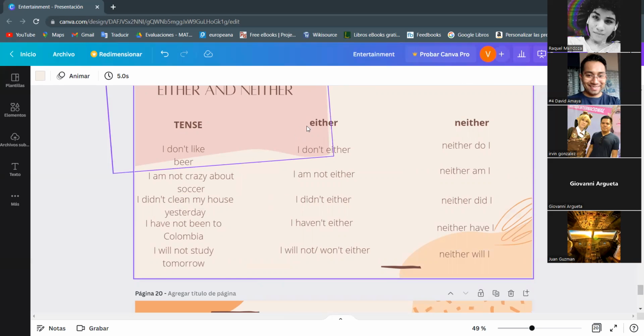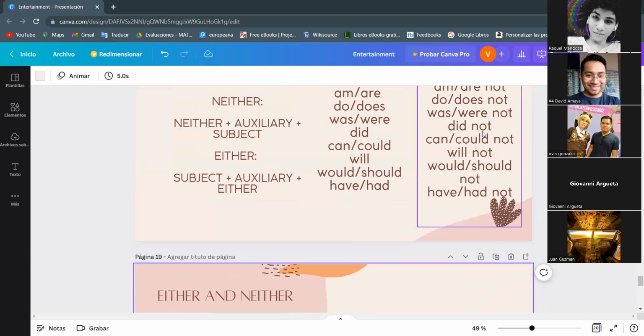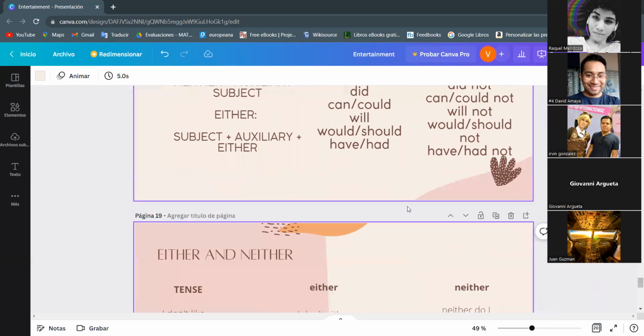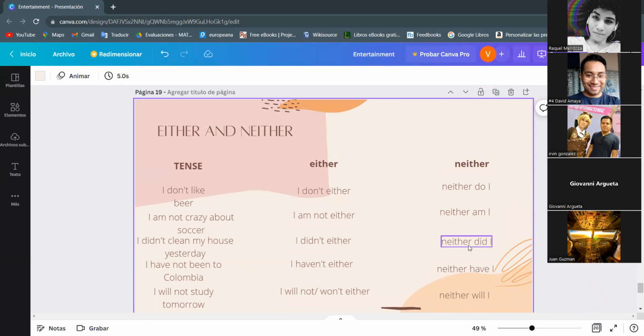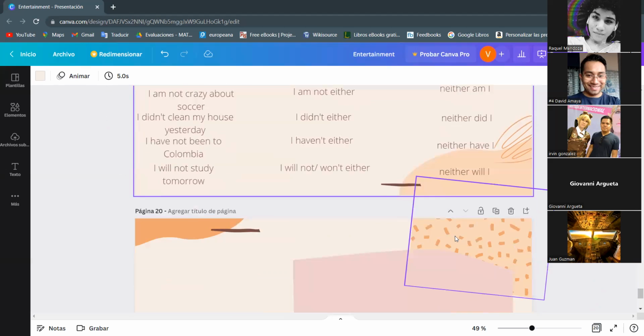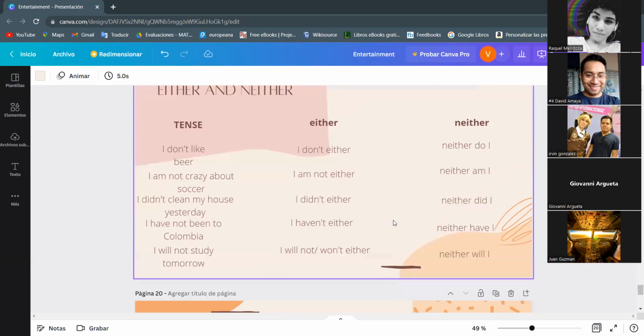If you use it with either, yes, because you are contracting have and not. With neither, you cannot do that because you don't add not. You just say neither have I. It's like an exception. An exception, correct. You can do it with either, but not with neither.